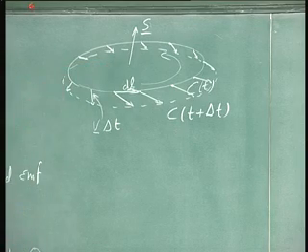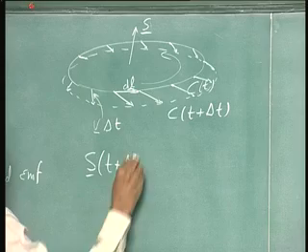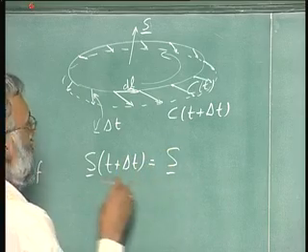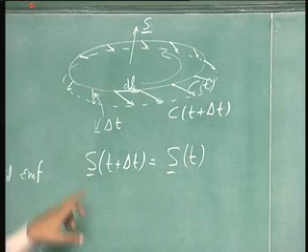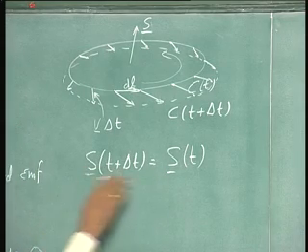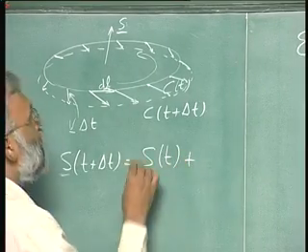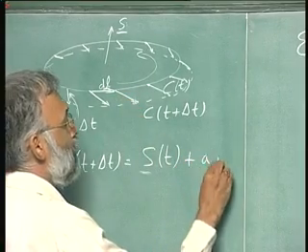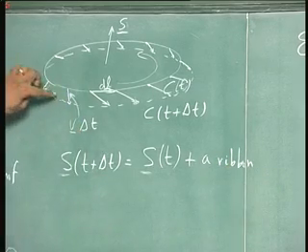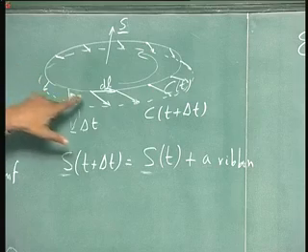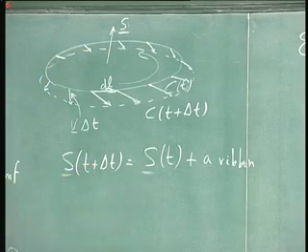Well, we know that S of t plus delta t is the surface at time t plus a ribbon. The ribbon is this extra piece that is showing the way S changed to become S of t plus delta t.